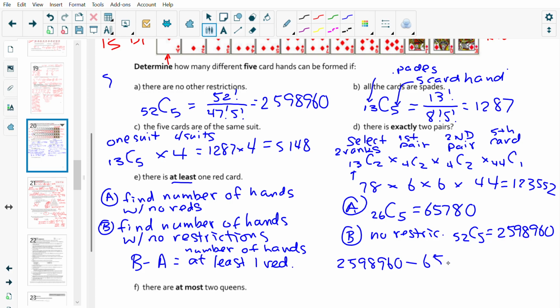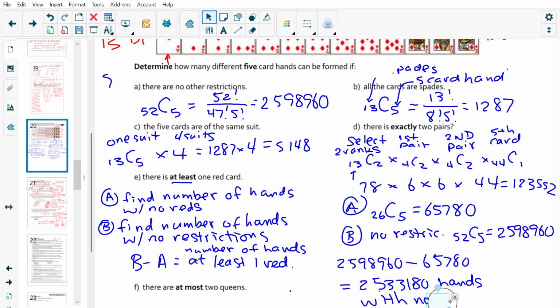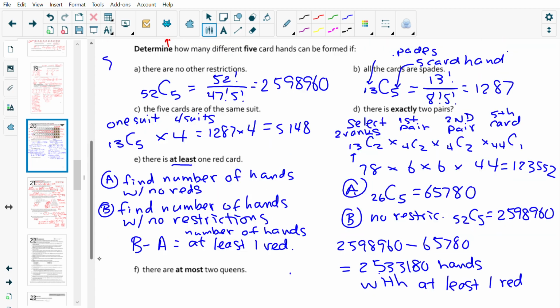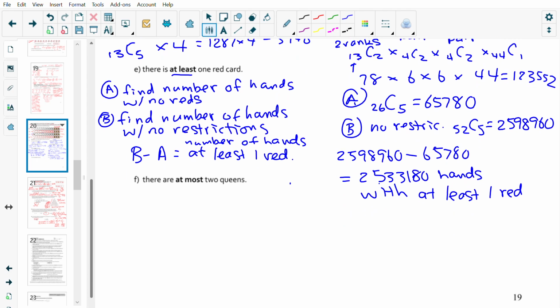So if I do 2,598,960 minus 65,780, I get 2,533,180 hands with at least one red.